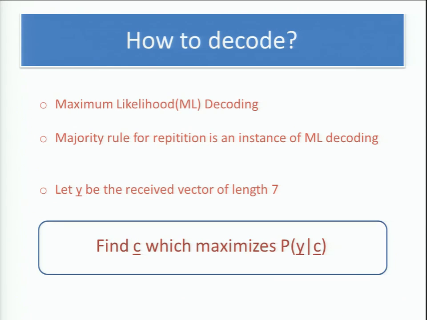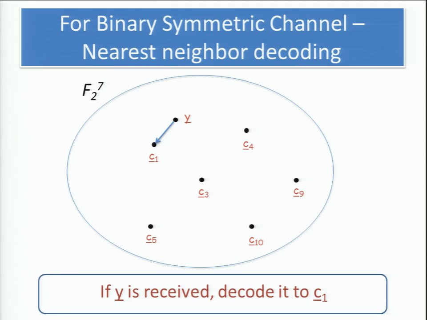And let's say for our example, the binary symmetric channel, what could this maximum likelihood be? Because each one of those 7 things are independent instances, right? Maximum likelihood is a general principle. If you apply it to the binary symmetric channel, then it is nothing but simple nearest neighbor decoding.